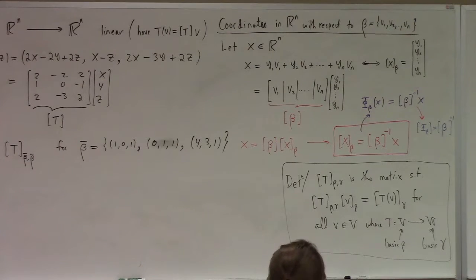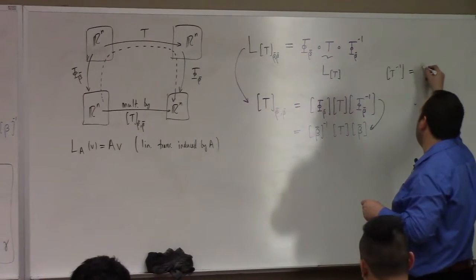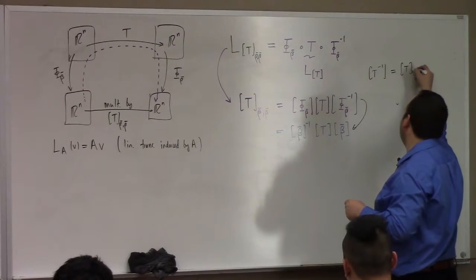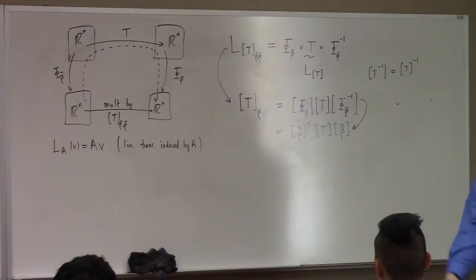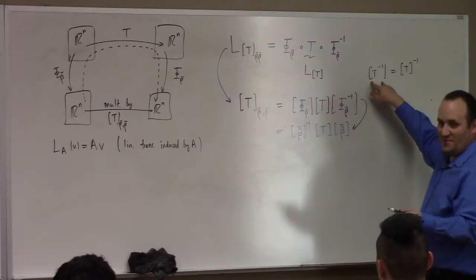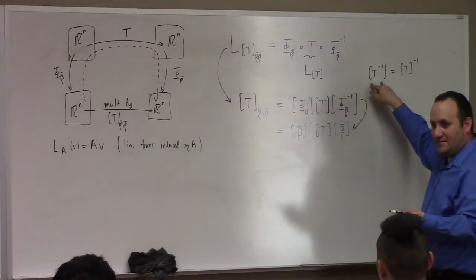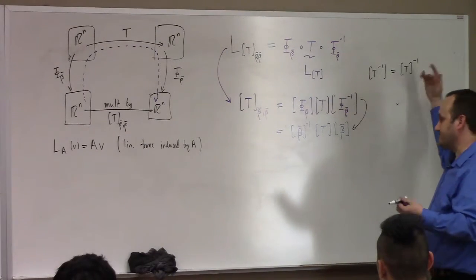I'm using a theorem here that the matrix of T inverse is equal to the inverse of the matrix of T. It doesn't sound like I'm saying anything, but the matrix of T inverse is the inverse of the matrix of T. Sorry, English lets us down here. See what I'm saying? The matrix of the inverse mapping is the inverse of the matrix of the mapping.